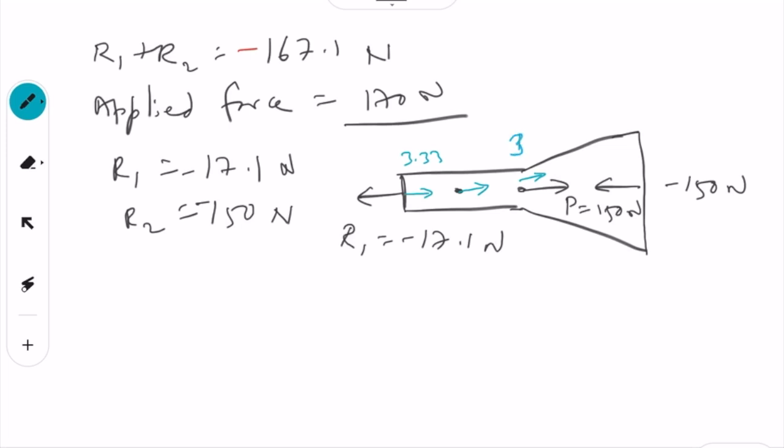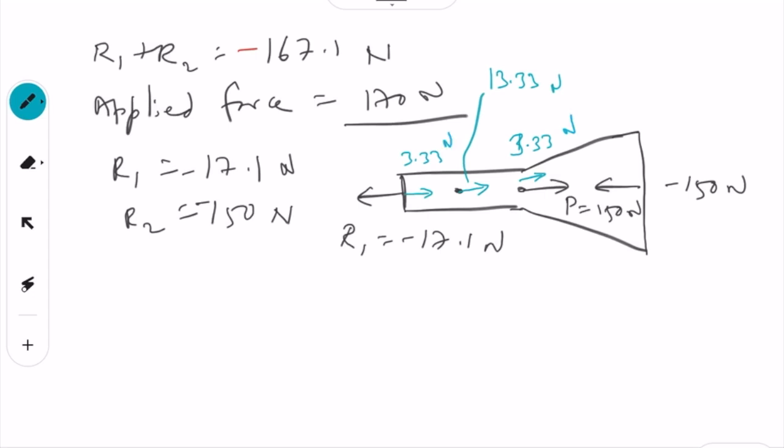At this location you had 4 times that, so 13.33 Newton.